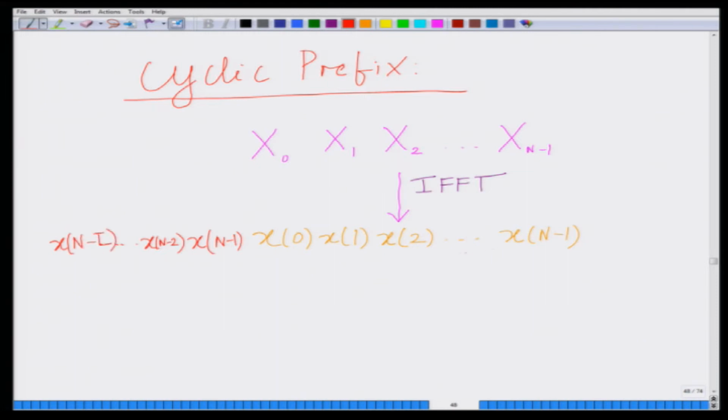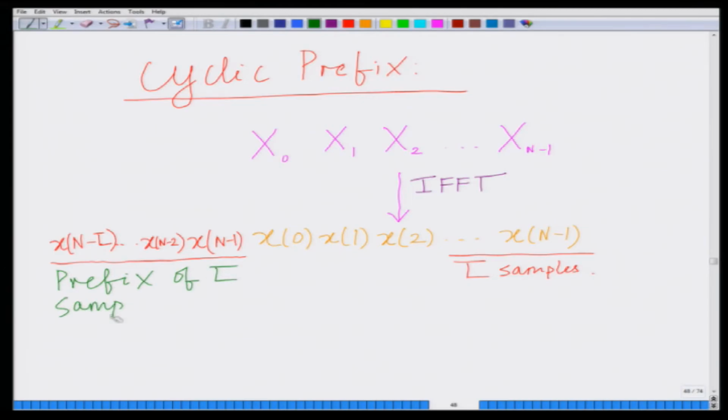So, what am I taking? I am taking L bar samples and I am prefixing them, a prefix of L bar samples from the tail.